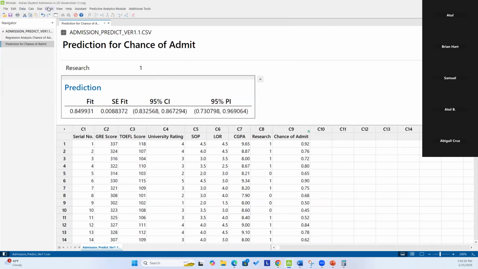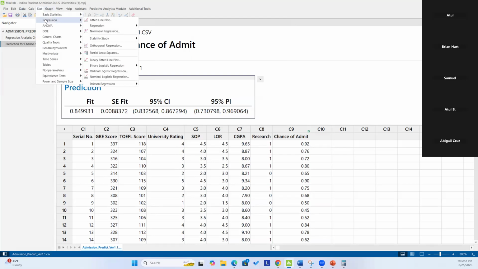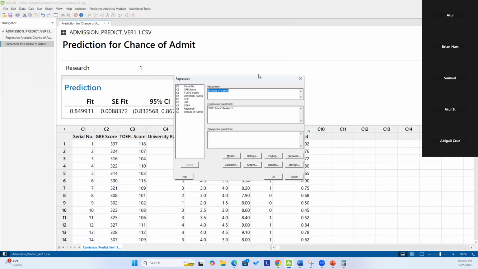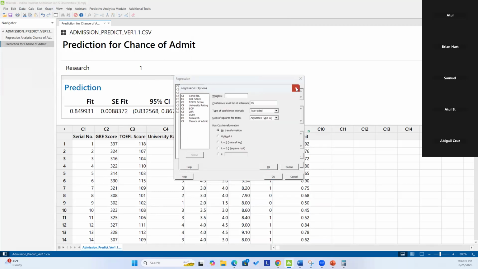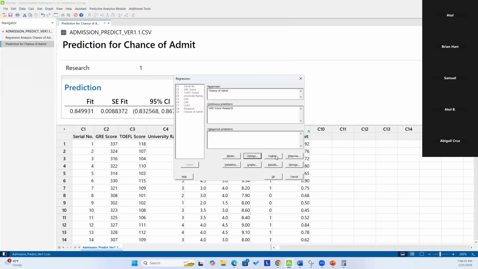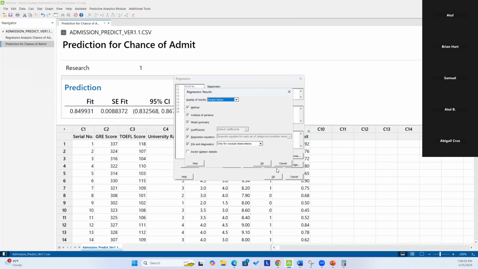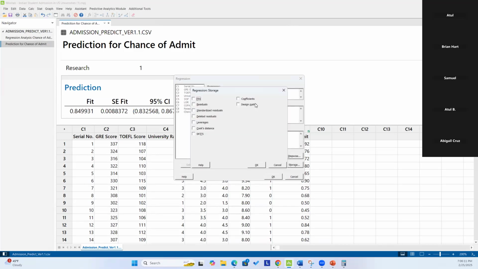So here I go under Stat, Regression, Fit Regression Model. And now here we have the option to store results, and here I can select and store the residuals, standard residuals and all.